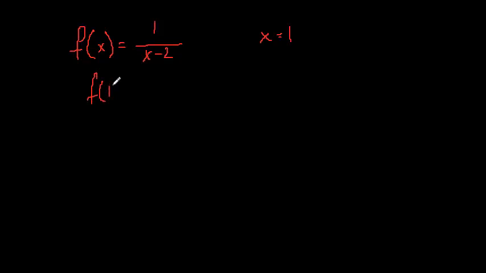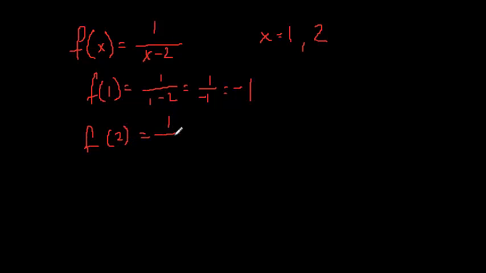If I plug in 1 for x, I have 1 over 1 minus 2, which is 1 over negative 1, which simplifies to negative 1. That doesn't seem to give us any issues. What about 2? Well, when I plug in f of 2, I have 1 over 2 minus 2, or 1 over 0. 1 over 0 is undefined.